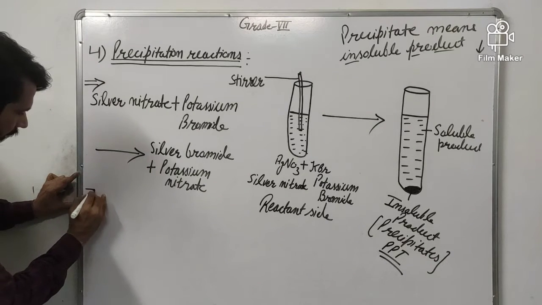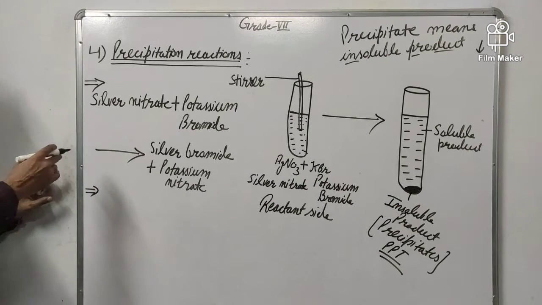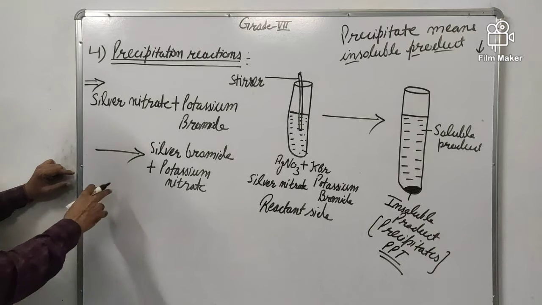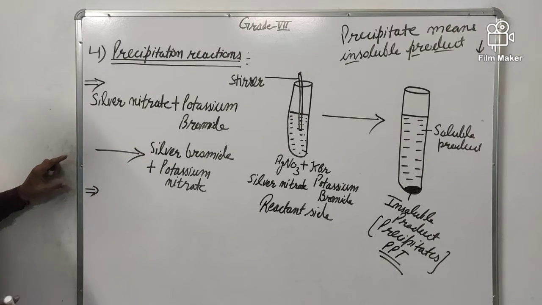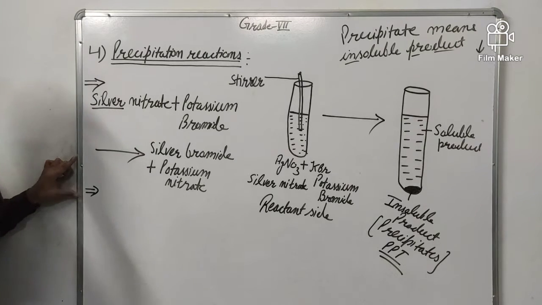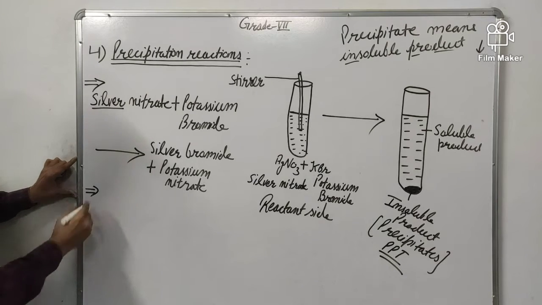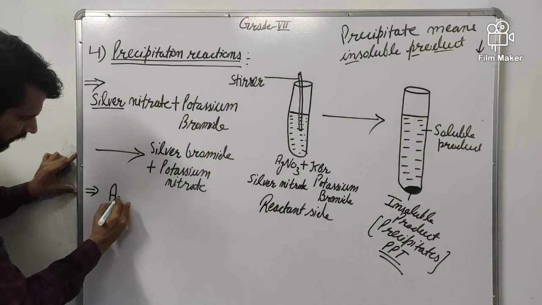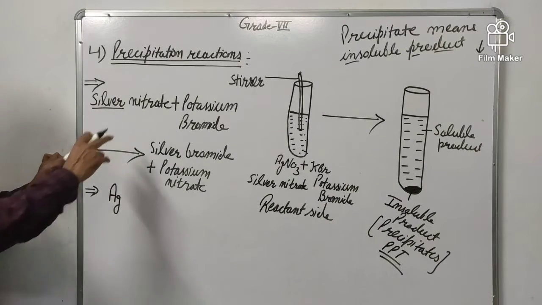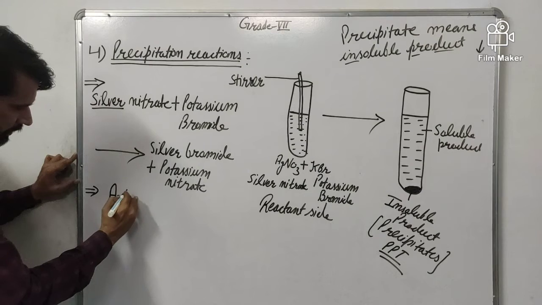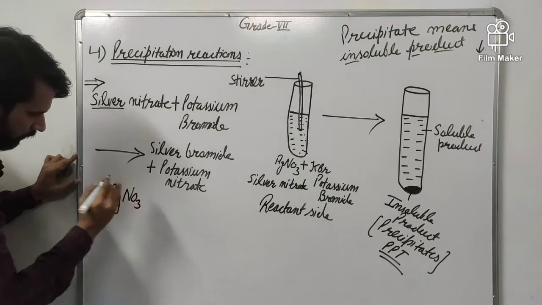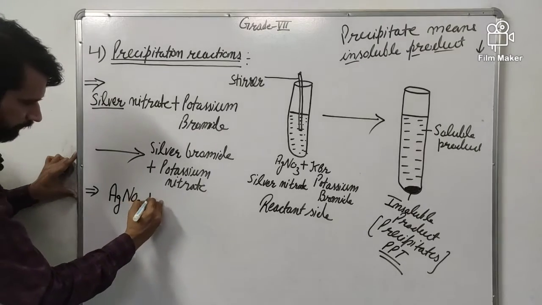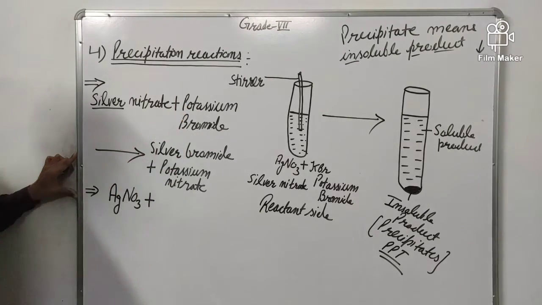Now let's write the symbolic form. How can we write silver nitrate? Silver is a precious metal, its symbol is Ag. Second is nitrate, which is NO3. So the silver nitrate formula is AgNO3 plus potassium bromide.